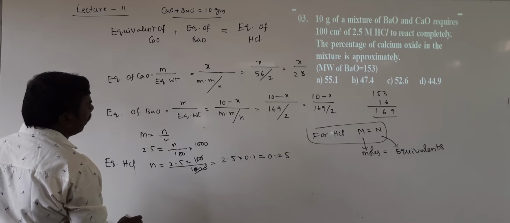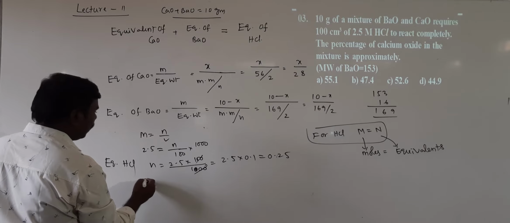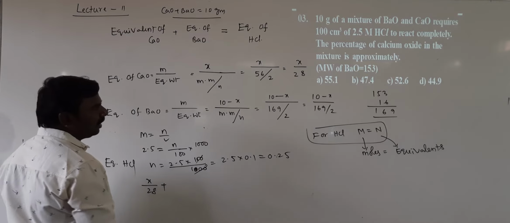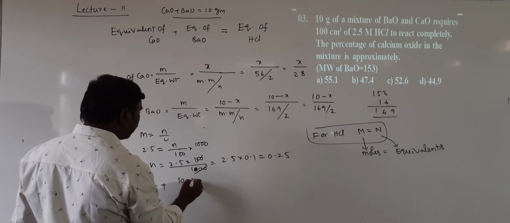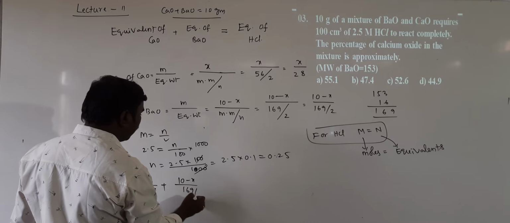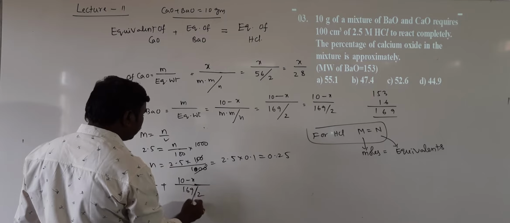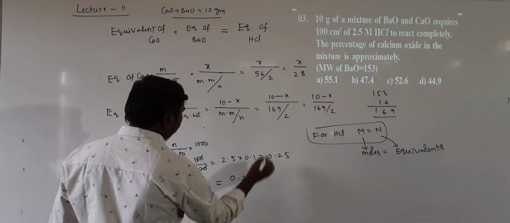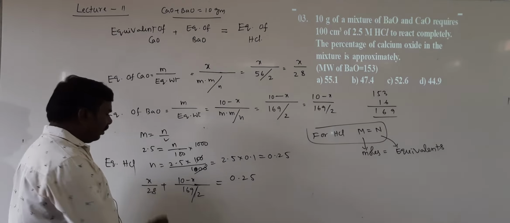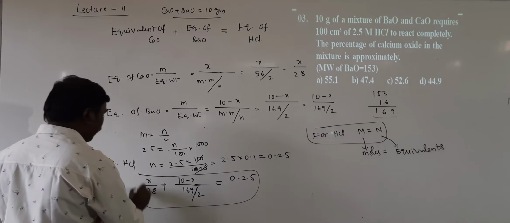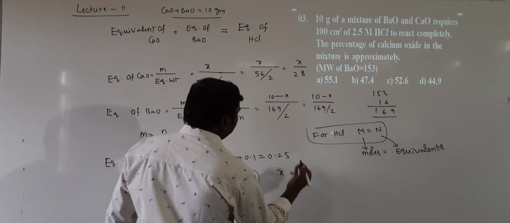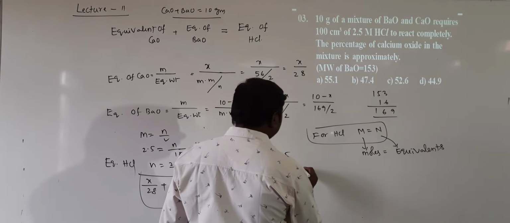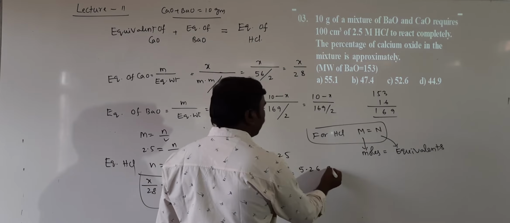Equivalents of CaO, x by 28, plus equivalents of BaO, 10 minus x by 169 by 2, is equal to equivalents of HCl, which is 0.25. On solving this, you will get x equal to 5.26 grams.